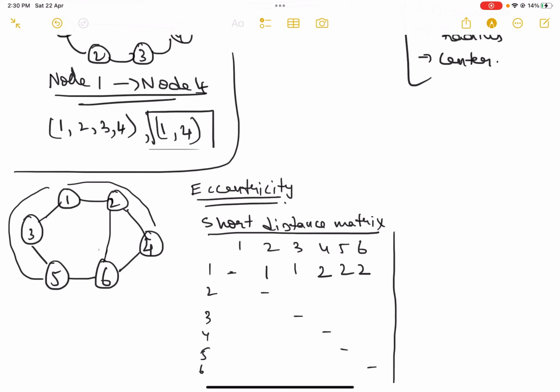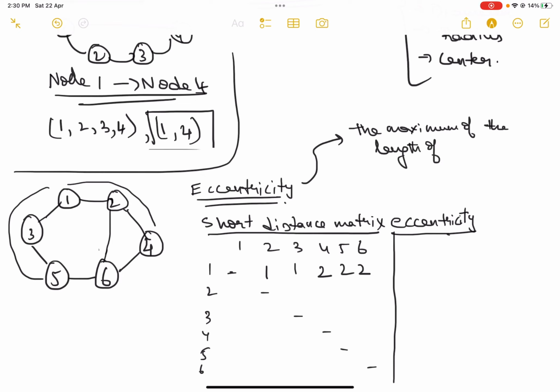Now this will give us the eccentricity. What did I say eccentricity was? Eccentricity is the maximum of the length of shortest paths. So for node number 1, what will the eccentricity be?